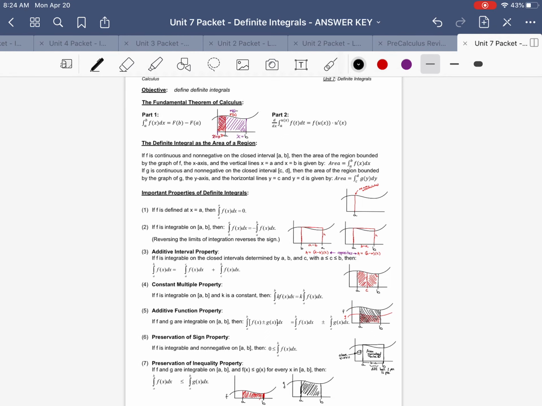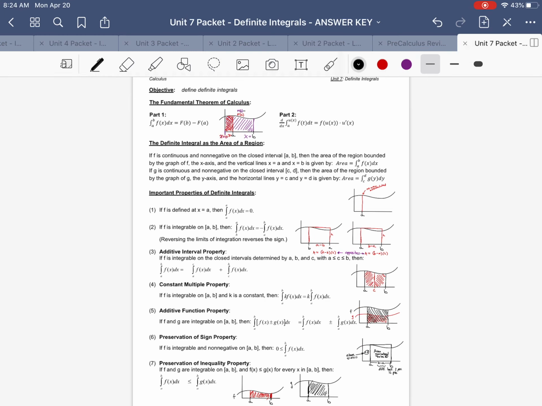So these are the fundamental properties. I don't want to overuse the term fundamental, but they're fundamental properties of the fundamental theorem of calculus. They're pretty important in terms of having an understanding of the material. But the reality is you can do a lot of this on your calculator, using Math 9.